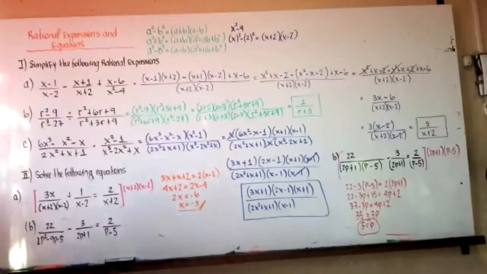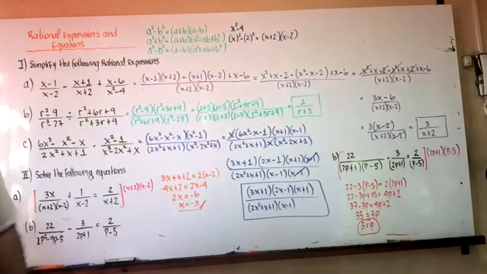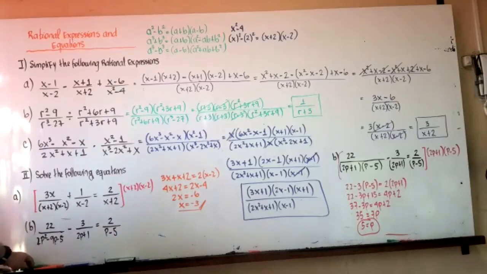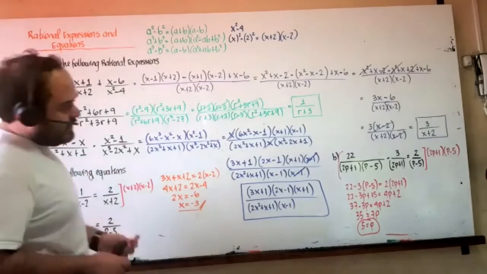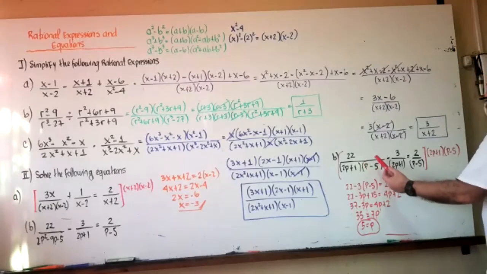So in conclusion, because we got 0 in the denominator, what will be the answer for letter B in this equation? What is the conclusion? Is it that p equals 5, or is there another answer? Well, in this exam, if you give me the answer p equals 5, the answer would be wrong, because this number 5 makes the denominator 0.